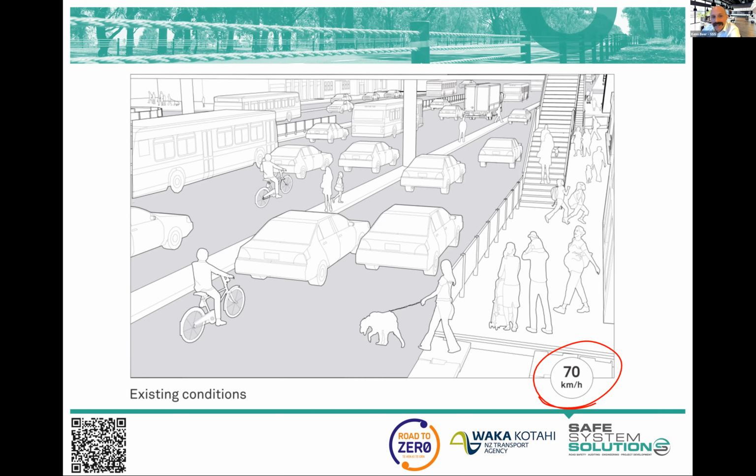But that works if it's a genuine movement corridor and you're actively trying to stop the vulnerable road users in the area. But if it's got that place function as well, the end result is the speeds are going to have to come down, because you can't have that interaction, that trade, that movement of vulnerable road users while maintaining that high speed.